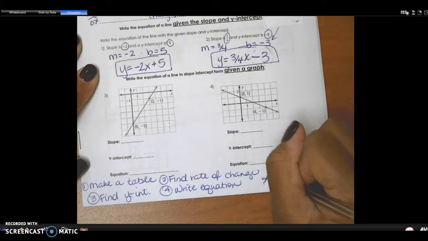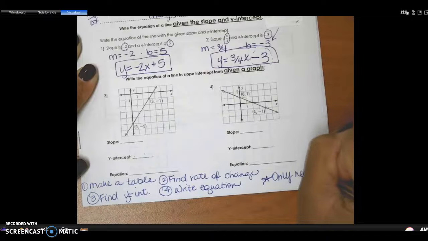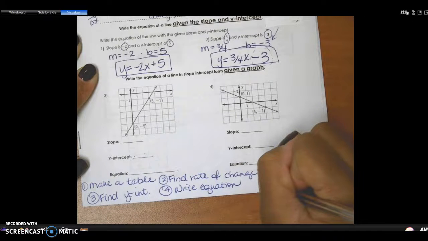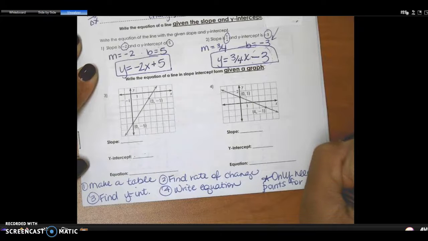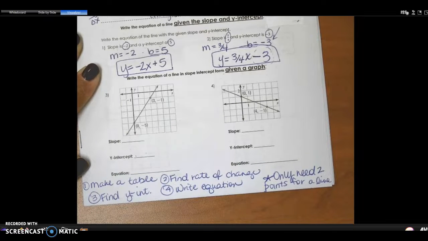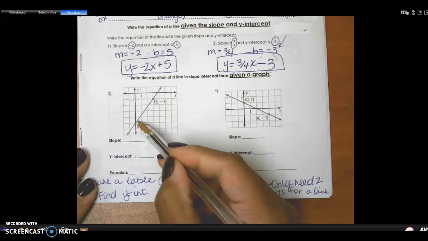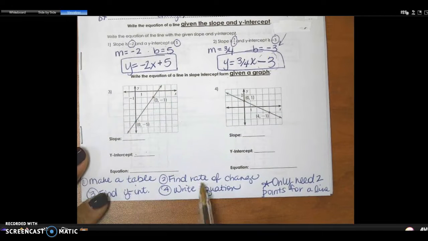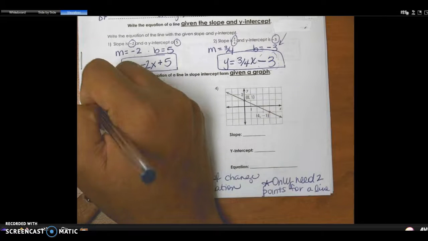Remember, I only need 2 points for a line. Okay, I know that's a lot to squeeze down there, but all of this information is important. So from the 2 points that I'm given, I need to make a table and then find the rate of change and find my y-intercept, and then I can write my equation.